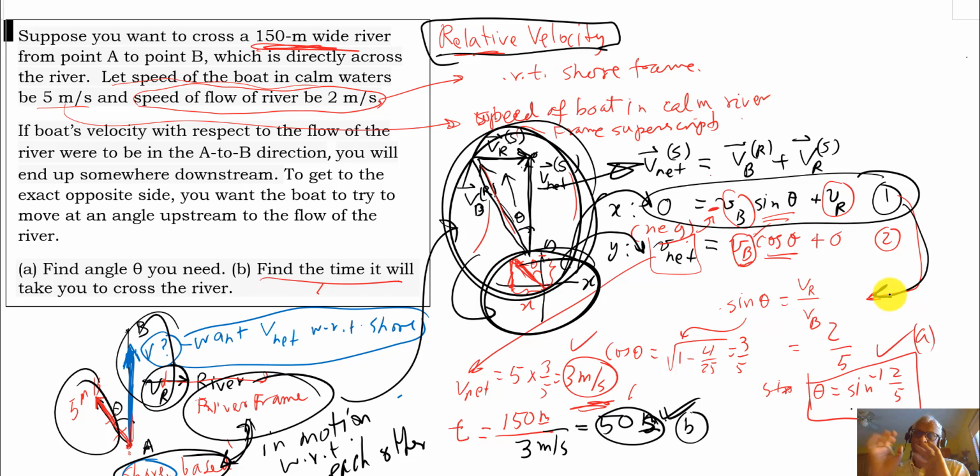When you systematize your thinking in terms of two frames, it's really helpful. Hope it helps you solve other relative velocity problems.